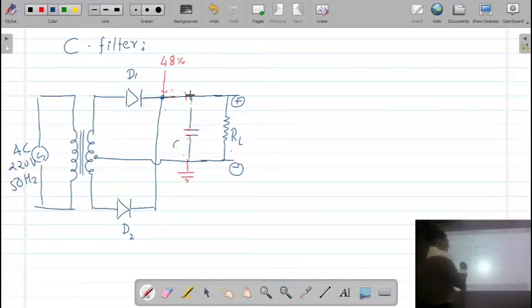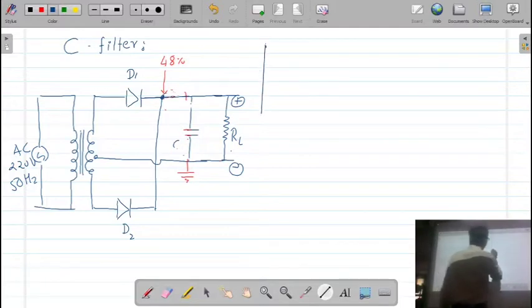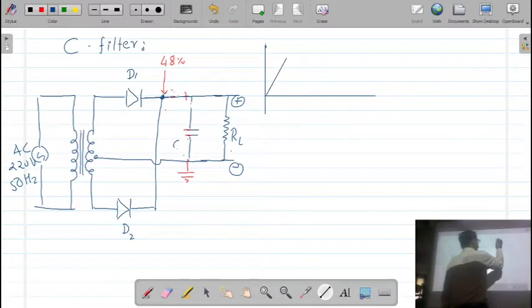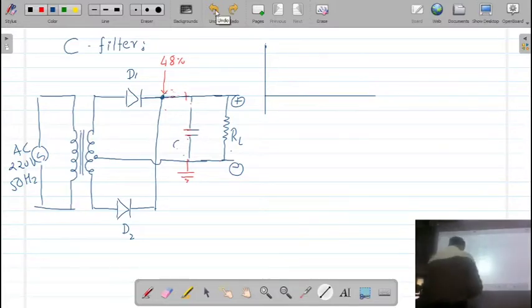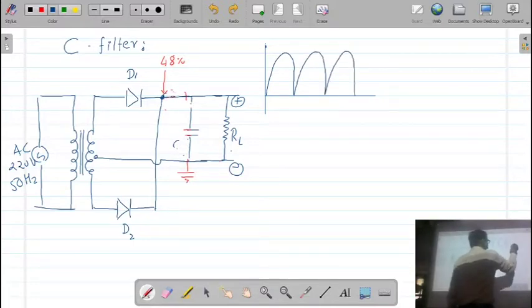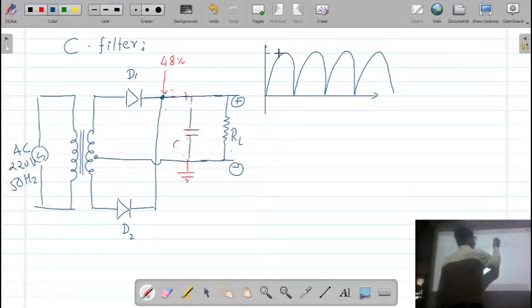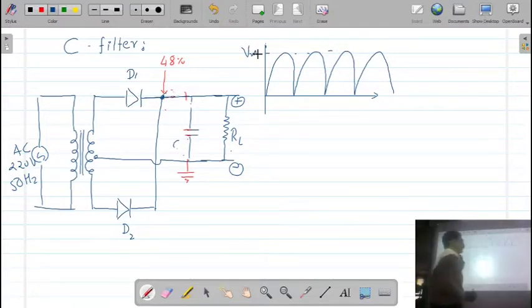Now if we see the waveform at this point of the full wave rectifier, then it is like this. This is the output of the full wave rectifier, and we call this the maximum voltage, that is Vm.